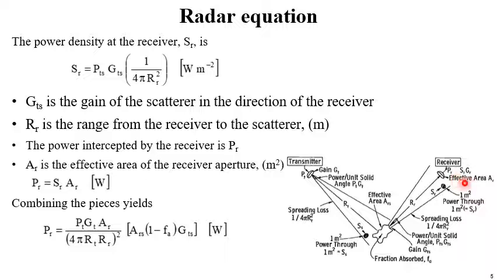Now if the effective area of the receiver is AR, then the power received by the receiver, that is PR, can be written as PR equal to SR into AR. So if we combine all these pieces, we will get PR equal to PT GT AR divided by 4 pi RT RR whole square, into ARS into 1 minus FA into GTS.